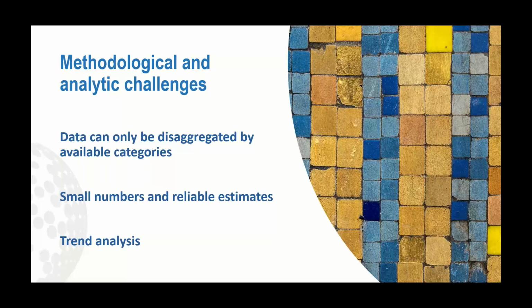Another challenge is that disaggregated data means you're working with smaller populations and a smaller pool of the sample data. This can lead to a problem of small numbers and impact the reliability of your estimates. I'll be going into much more detail about this in just a minute. Trend analysis can also be problematic because categories and data products can change across time.